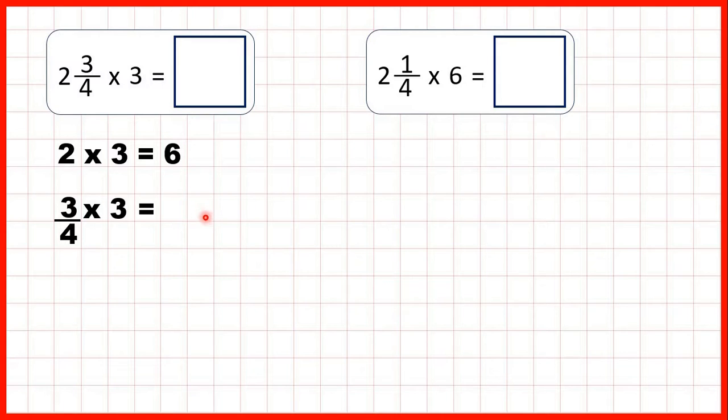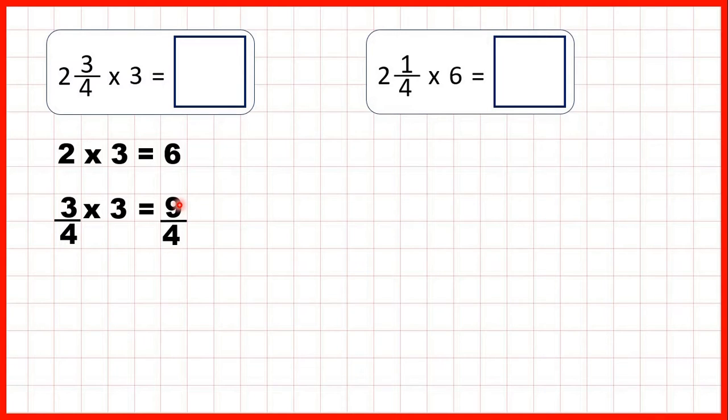But we need to be really careful here. When we multiply a fraction by a whole number, we only multiply the numerator and the denominator stays the same. We'll see why we have to do that in a moment. But 3 times 3 is 9 and the denominator stays the same, so we have 9 over 4.